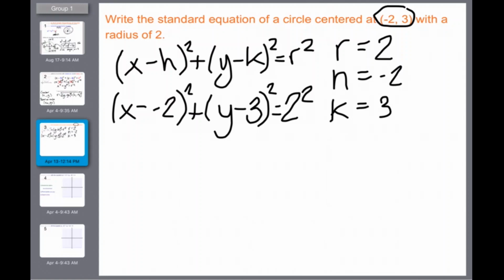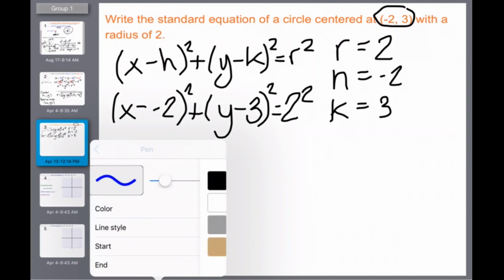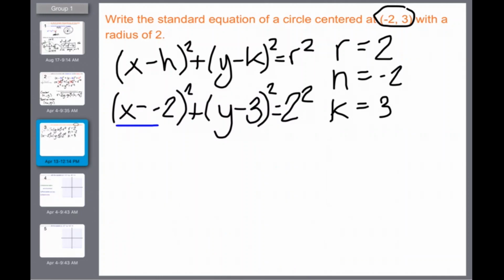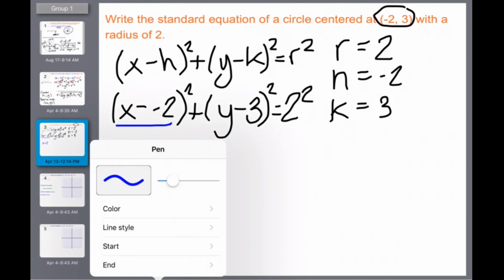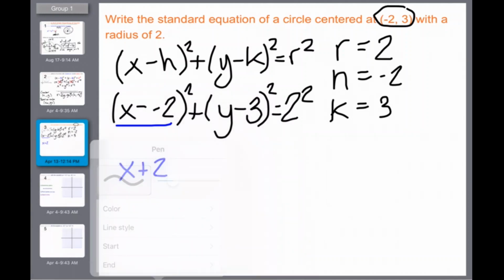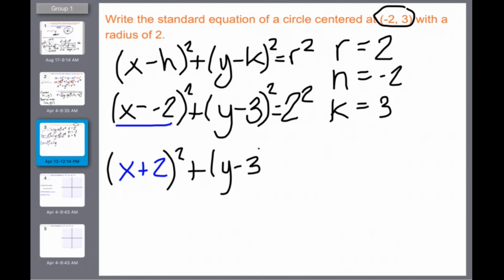Now we can do a little bit of cleaning up. Our x minus -2 we can make x plus 2 instead, and that is squared. And we leave our y minus 3, because we can't subtract 3 from our y. So that'll just be y minus 3 squared.